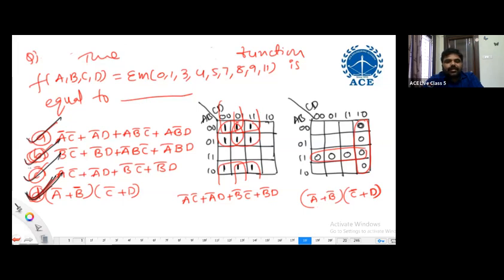So, if it is a multiple select question, or if it asks for the minimal expression in SOP only, then we can go with that. Srinath, instead of giving option D, if another wrong option is given, then no doubt we go with option C. Then option C will be correct.